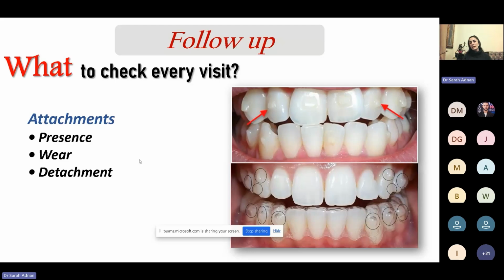Therefore, it's your responsibility to check your attachment. If there is no attachment, an error in the attachment, or attachment loss, that means lack of planned tooth movement. Tooth movement will not occur. Simple tooth movement, proclination, retroclination might occur, but rotation is impossible, and extrusion and intrusion will not occur.